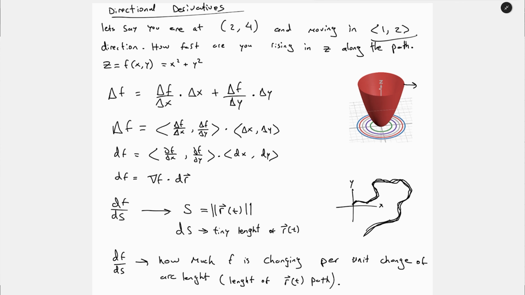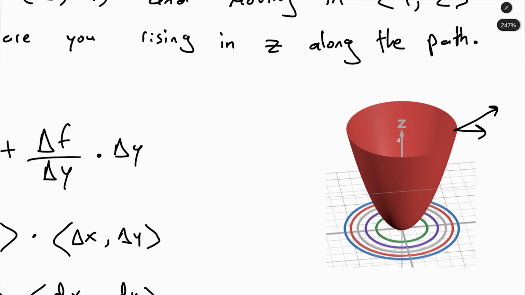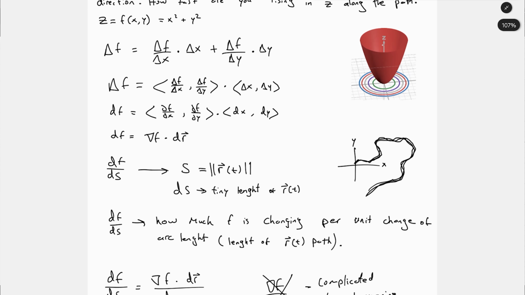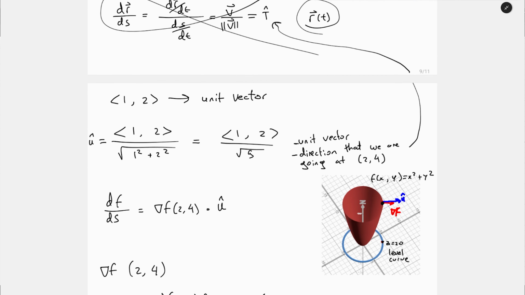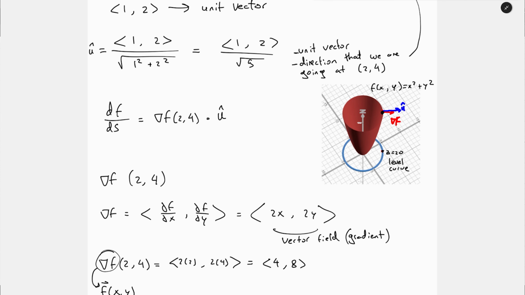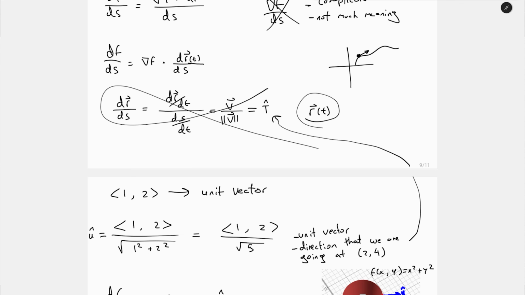But since now we are going in this specific direction, that is going to drop the efficiency of this climbing. And then we can see how the rate is affected by doing the dot product between the unit vector of this path and the gradient at that location. And we also saw the ds, but we didn't need this idea yet. The direction is given to us in the question.